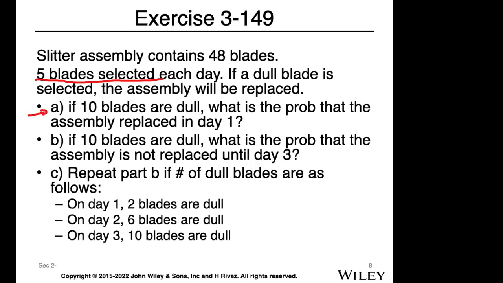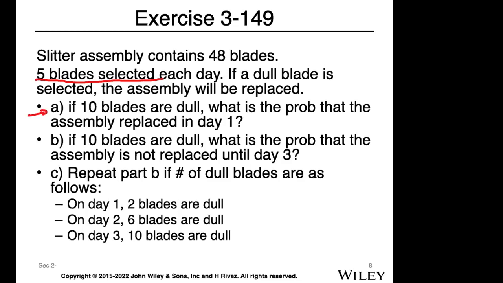So I guess the first explanation that I gave on Wednesday is a better explanation why these events are independent. Because every day we check some blades, but we can check the same blade on the following day because that blade might become dull during the day.